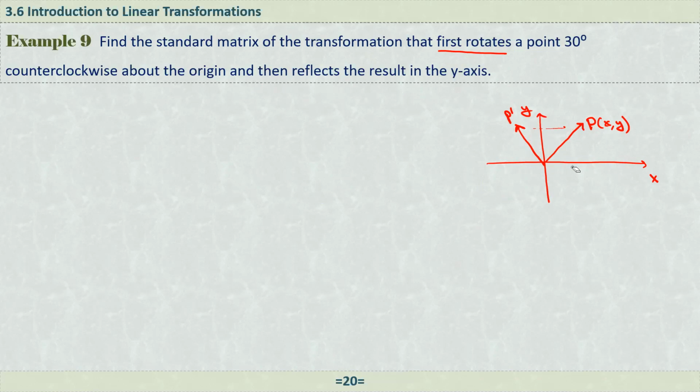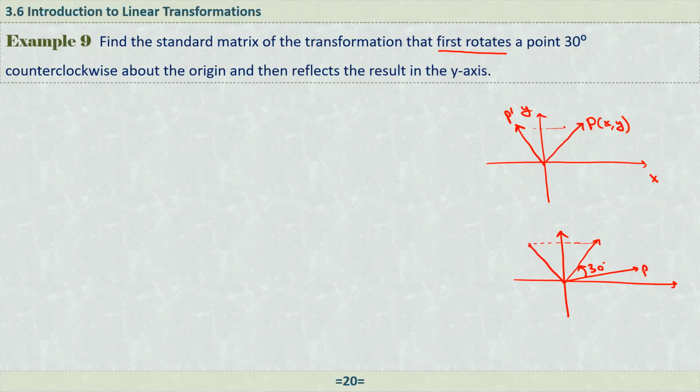So maybe if I draw it like this, it would be better. You can visualize things much better. Here, if we have something like this, a vector, first rotate this 30 degrees, it comes here. This one is rotation, 30 degrees. And after that, reflecting this about the y-axis, reflection.